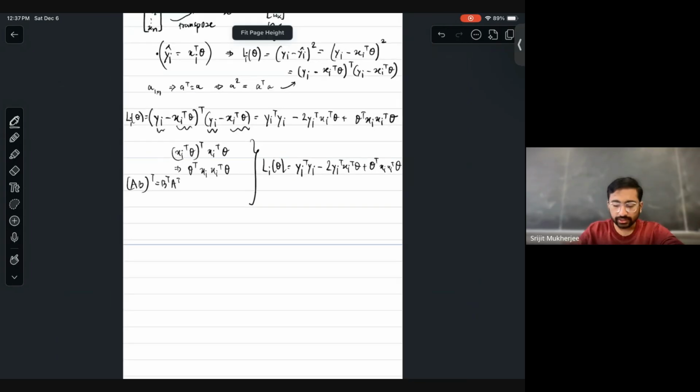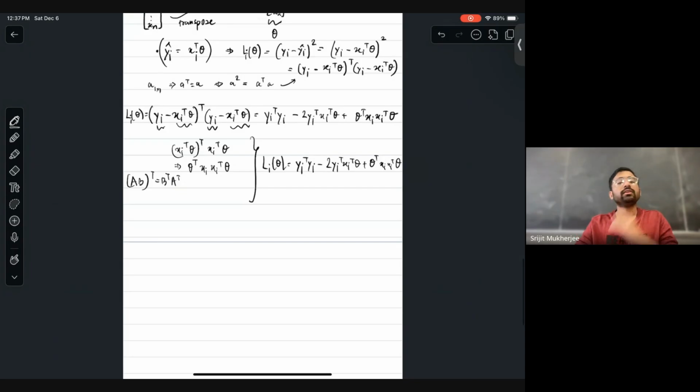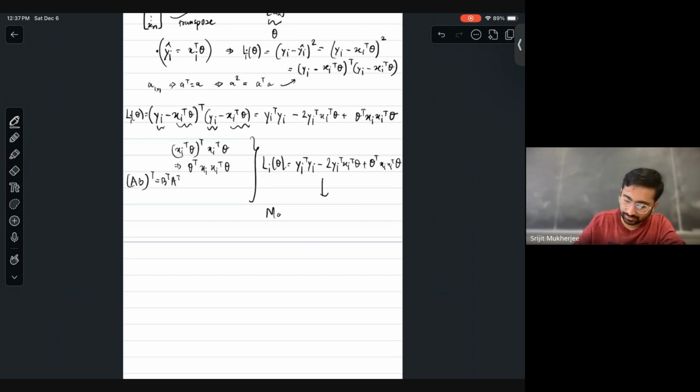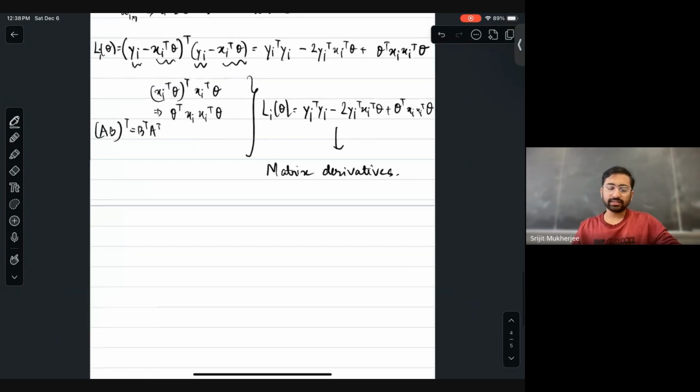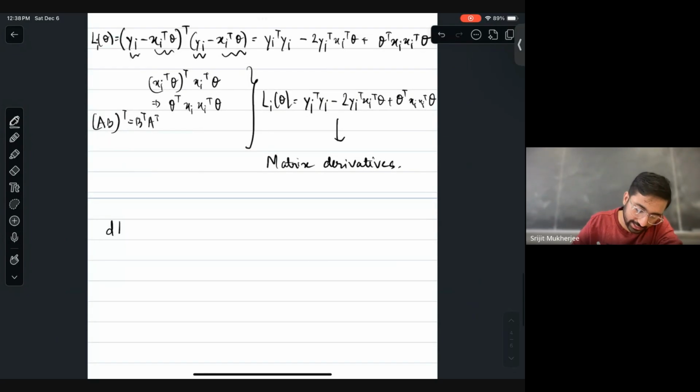Okay, so it turns out to be in terms of that vector theta, and it's very important because now we can use matrix derivatives. They're matrix derivatives just like we have individual single variate derivatives. If you do matrix derivatives, you will see del Li theta by del theta.